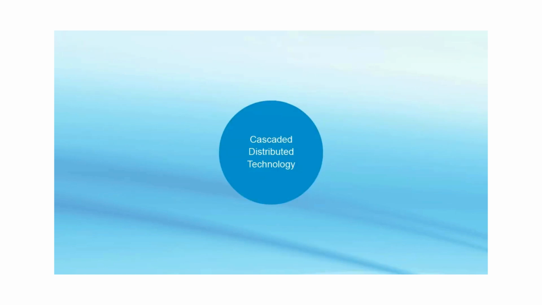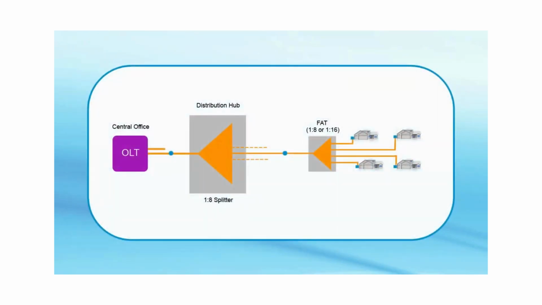Another option is to look at the distributed split architectural model, where the splitters are placed deeper into the network. In most cases, a cascaded or distributed splitter approach has no splitters in the central office, as the OLT port is connected or spliced directly to an outside plant fiber. A first level of splitting, 1 to 4 or 1 to 8, is installed in a closure not far from the central office.